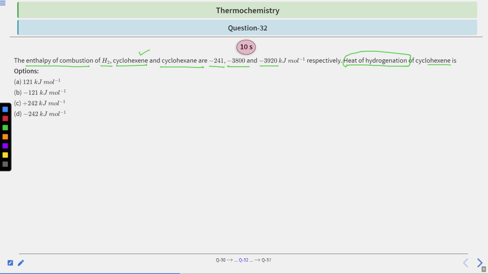The options are 121 kilojoule per mole, minus 121 kilojoule per mole, 242 kilojoule per mole, or minus 242 kilojoule per mole. You have 10 seconds to solve this question. After that, we will see the answer.